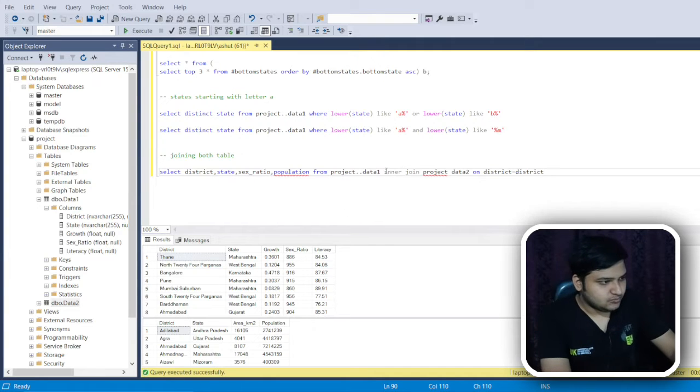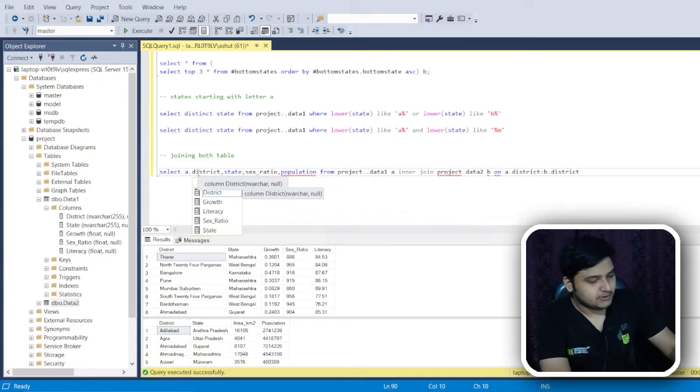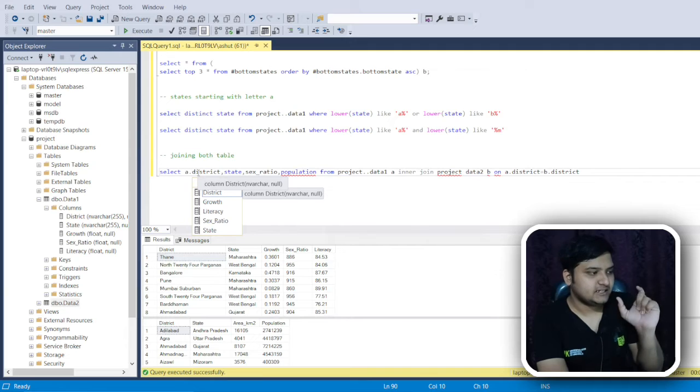We can also provide an alias for each of the table names we have mentioned here. I'll provide an alias name to both of these tables. And here we also need to specify from which table we want to get each column. Wherever you provide the alias name, you provide a dot and then the column name. So we are telling the code to get this particular column from this particular table.